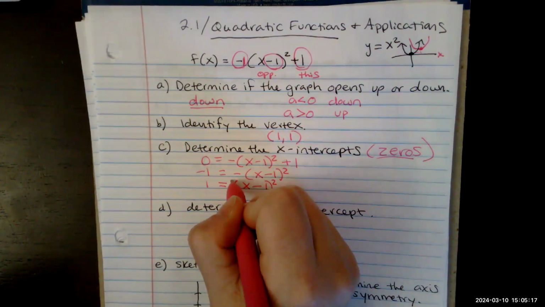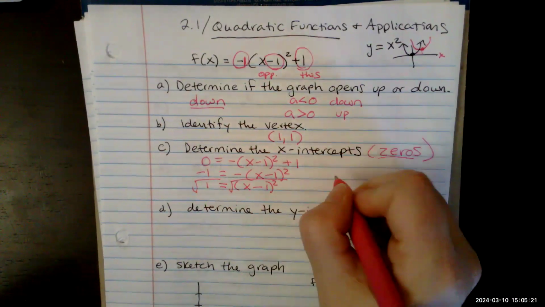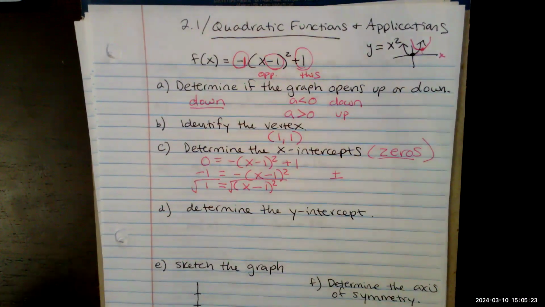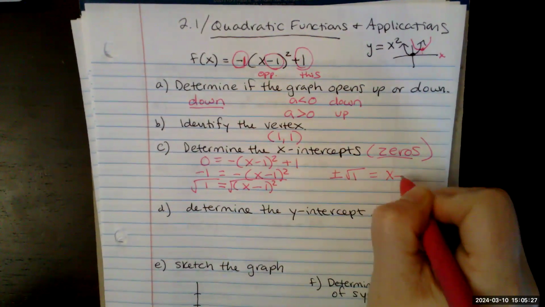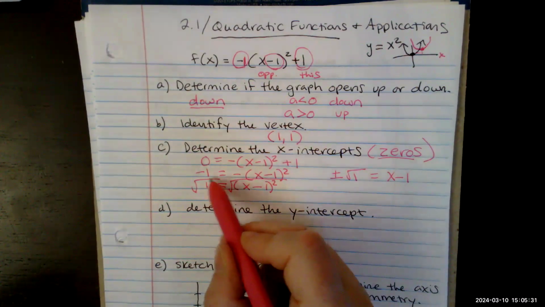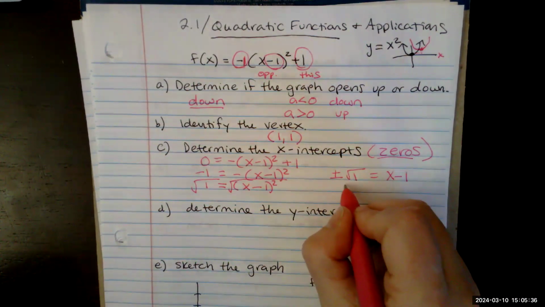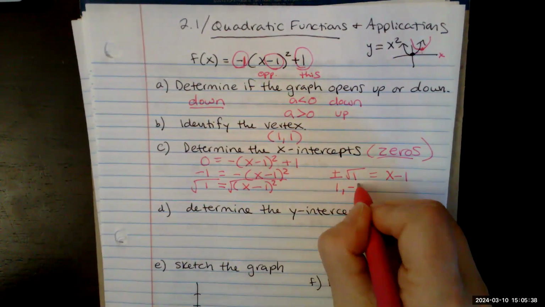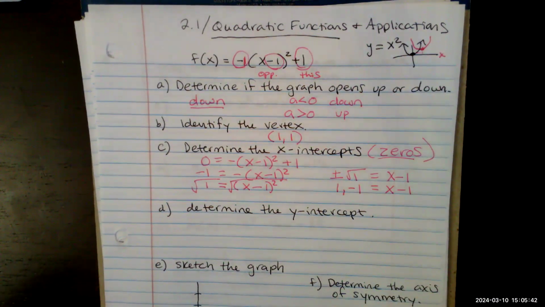So to get rid of that square, we take the square root of both sides, but be careful here because remember, when you do that, you always end up with 2 answers. So the square root of this just gives us x minus 1. The square root of 1 in this case really gives us plus and minus square root of 1, which is +1 and -1, because the square root of 1 is 1.